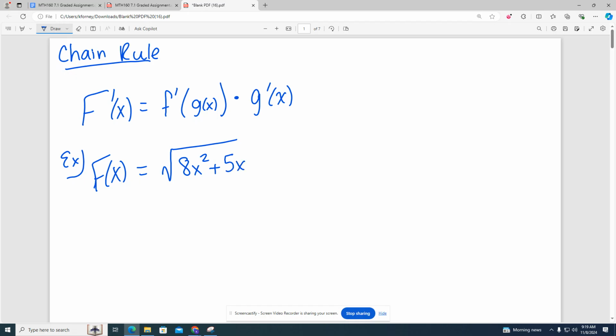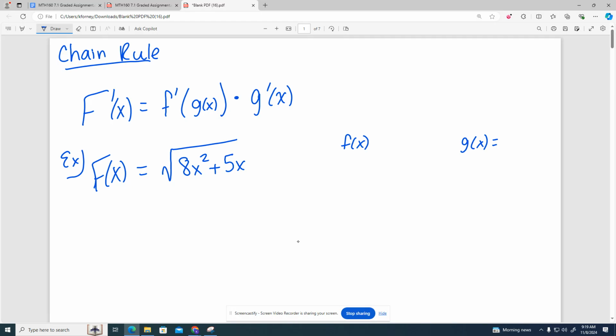So what we want to do is identify the inside and the outside function. What's the inside function?